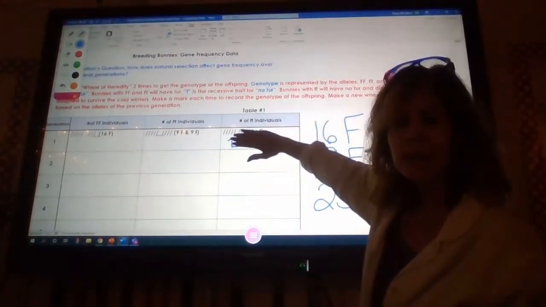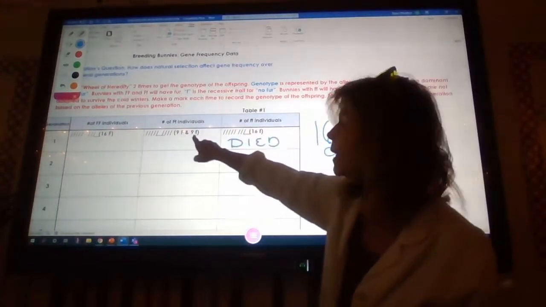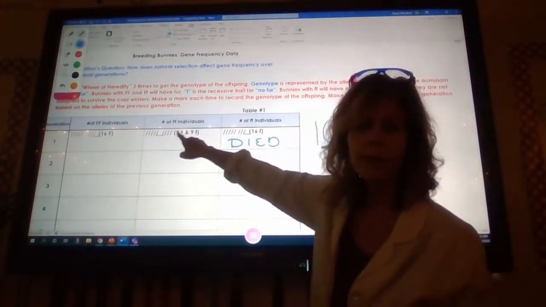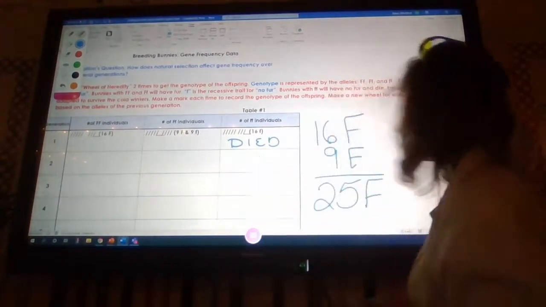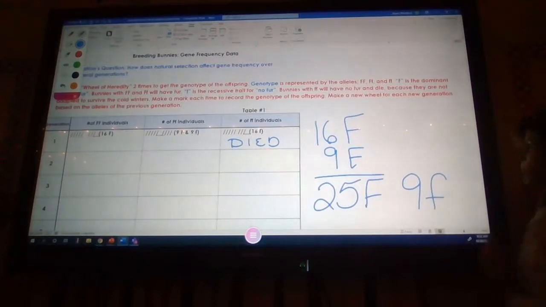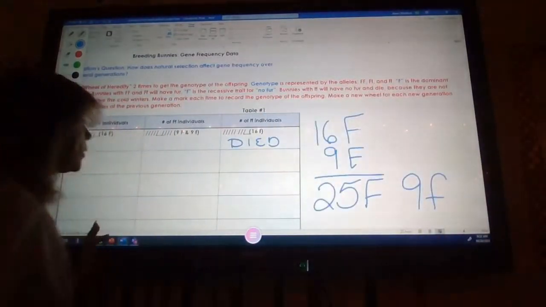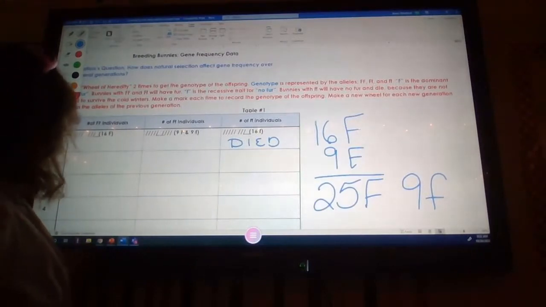Now the 16 recessive traits here died. They're not being passed on. But I have 9 recessive traits from these rabbits that are. So then I would need to put in 9 of the recessive traits. And so that is what I did.